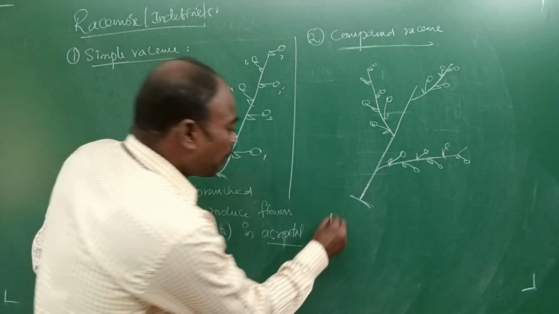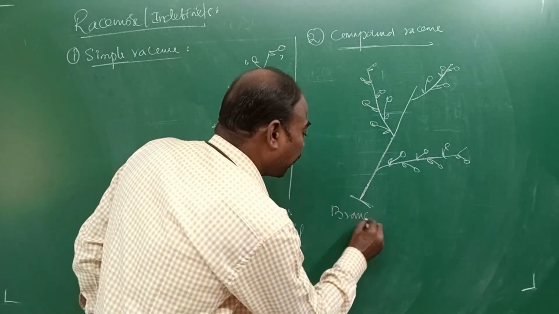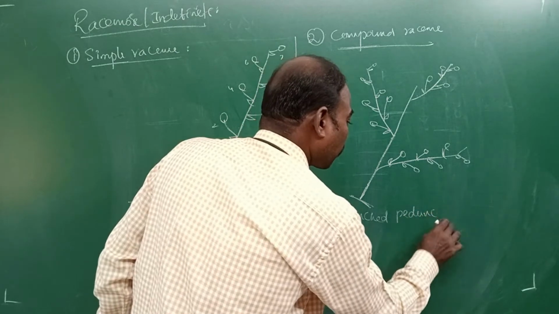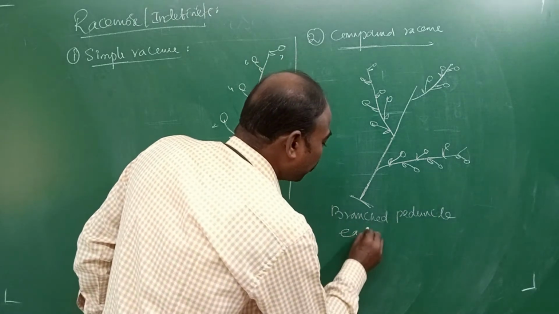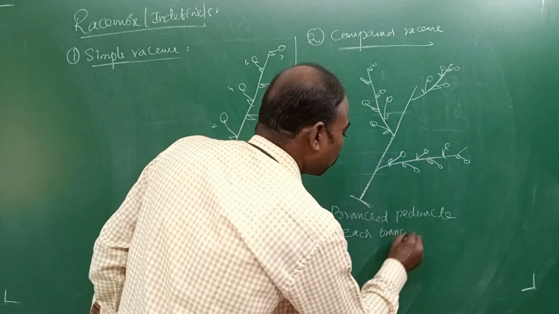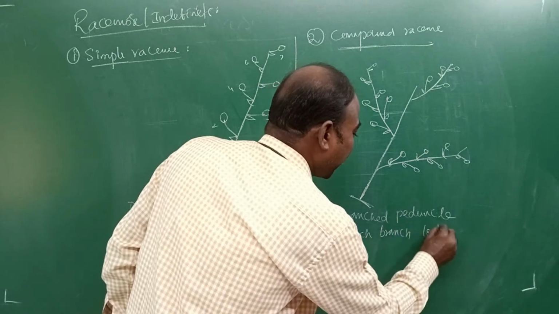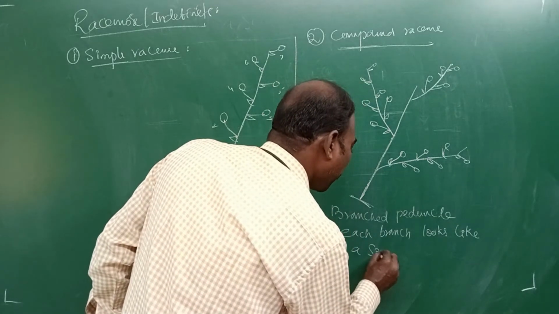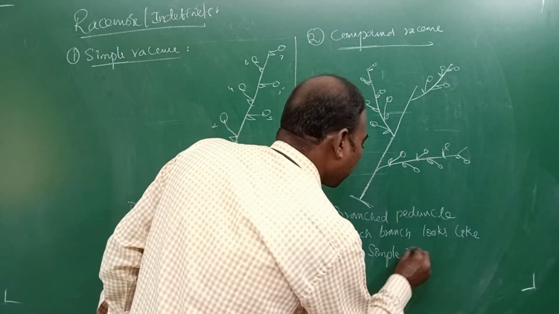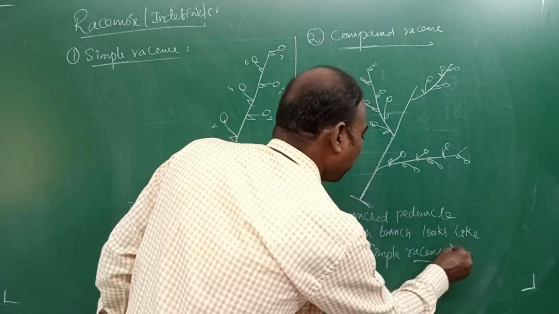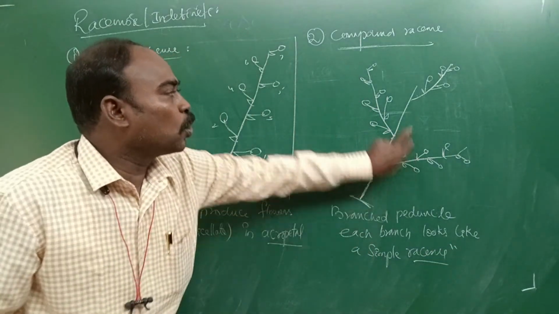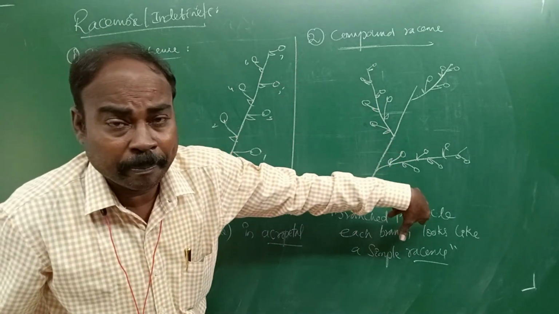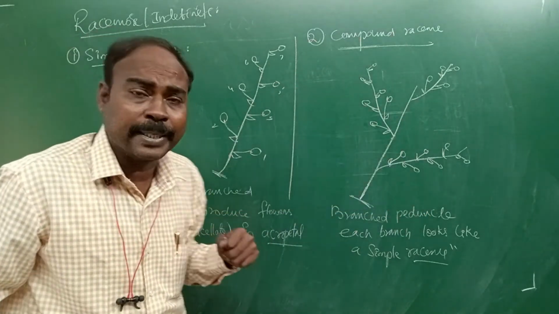Whereas you see here a branched peduncle, each branch looks like a simple raceme. So racemes of raceme are compound raceme.